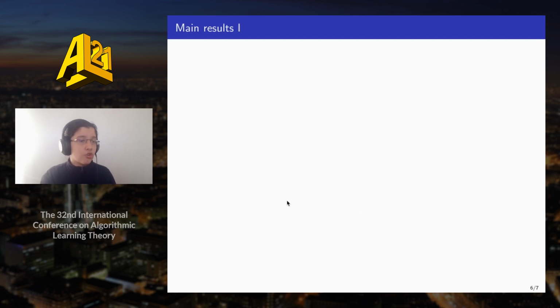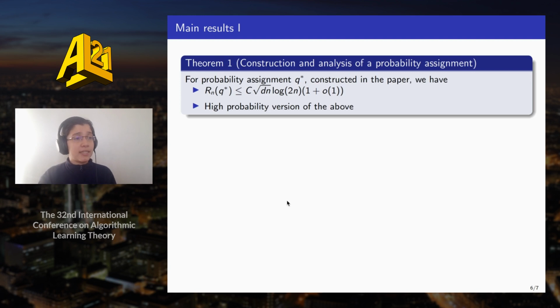Right. So we can now talk about some of the main results in the paper. So firstly, we construct a probability assignment Q star that achieves order square root of d n log n regret. And we also provide a high probability version of this above bound.